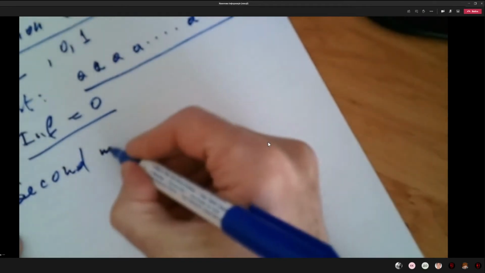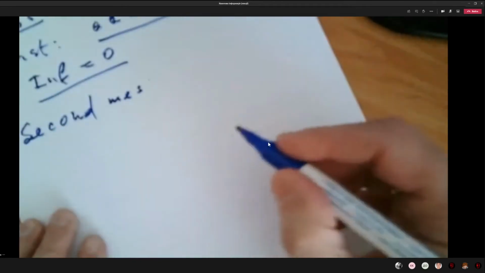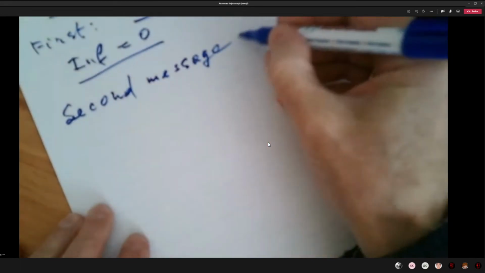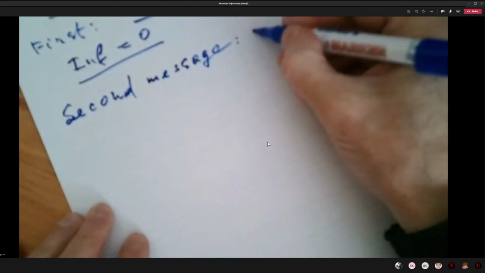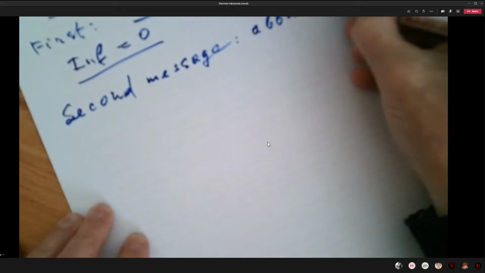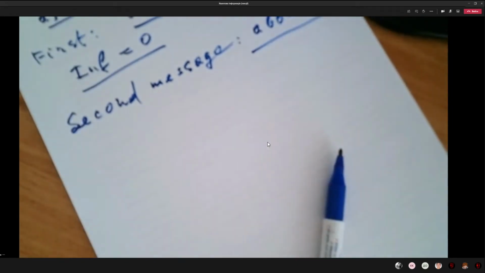Let us consider the second message. Suppose we have A, B, B, A, B, A, and so on. Here we understand that in this message we can find some information.